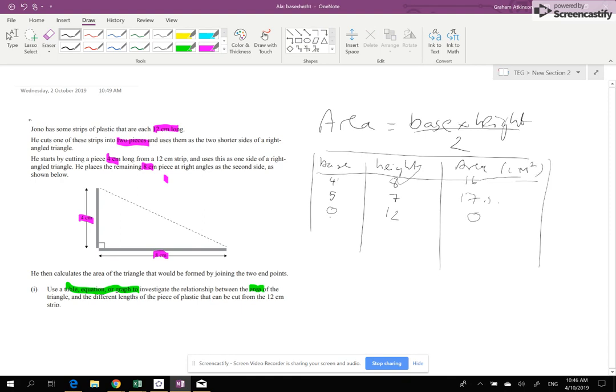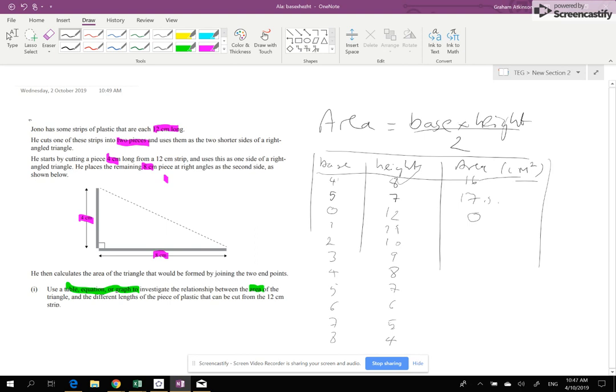And now I could keep going through, and the logical thing will be to change my base by 1. And if I change my base by 1, then I know my height is going to be 12 minus my base, which is 1, 10, 9, 8, 7, 6, 5, 4.